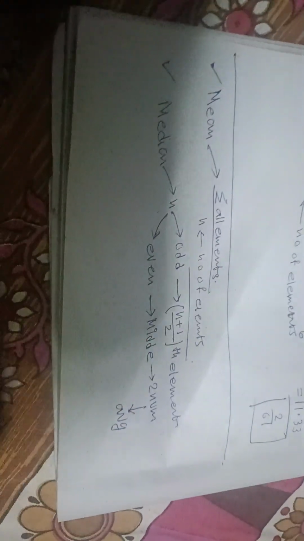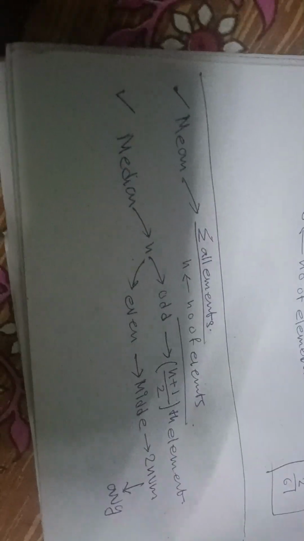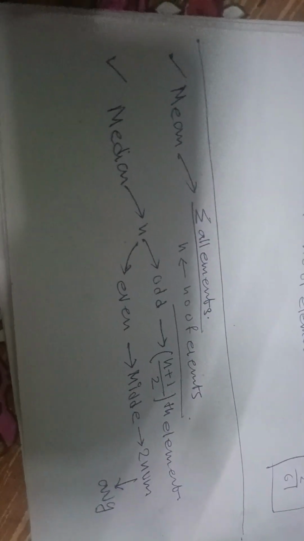Here it is also given that mean equals the summation of all elements. What is summation? Summation means addition of all elements. You can write add all elements instead of summation, that makes the same sense. So the addition of all elements divided by n.